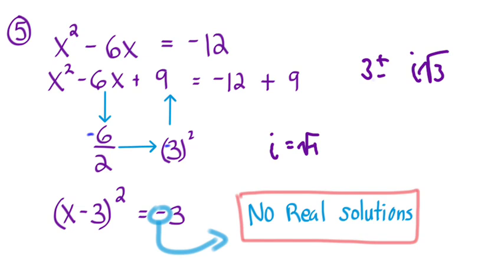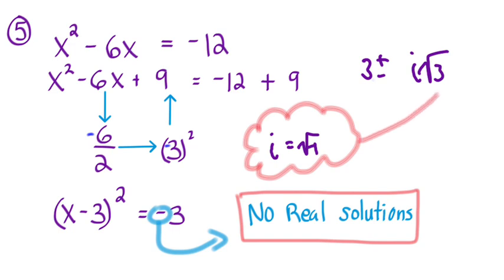No real solutions. But that reminds us to look at our concept that we'll see in Algebra 2, where the square root of -1 is the letter i. So I would know that this would be, I could factor out the -1, and I would have i square root 3. And then I would have to add 3 to both sides, right?